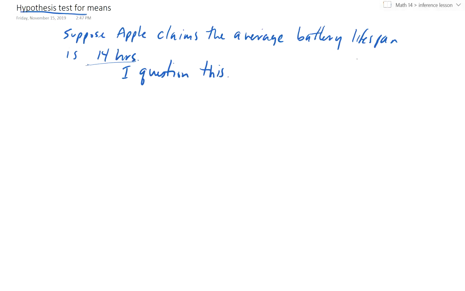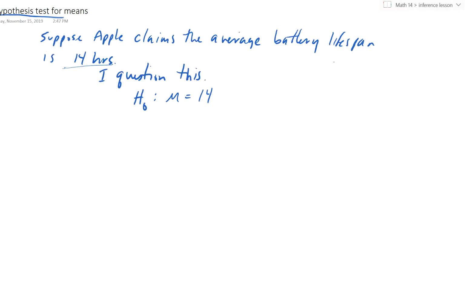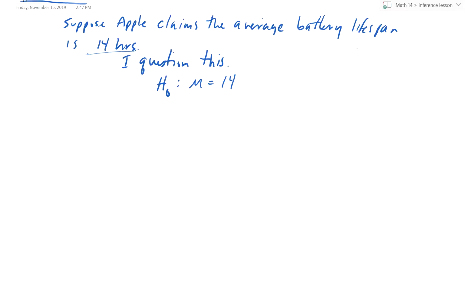So here's how we write this. We say H0, this is like my court case. H0, the claim is that mu is equal to 14. That's what they claim is true. I think mu is less than 14 based on my own experiences.